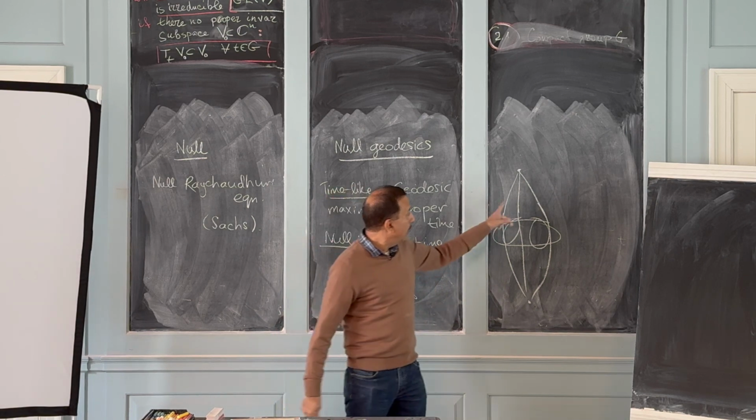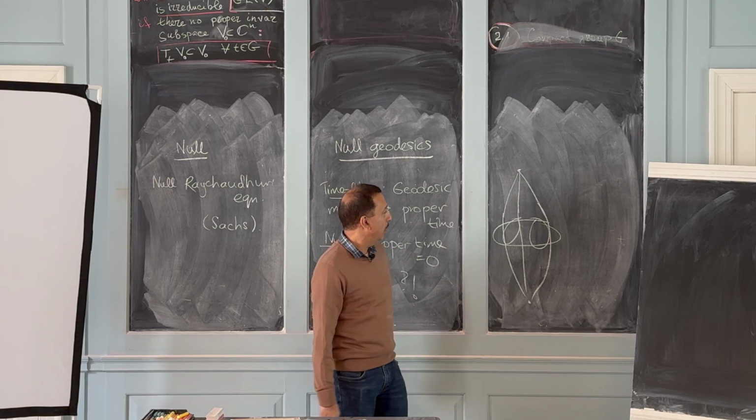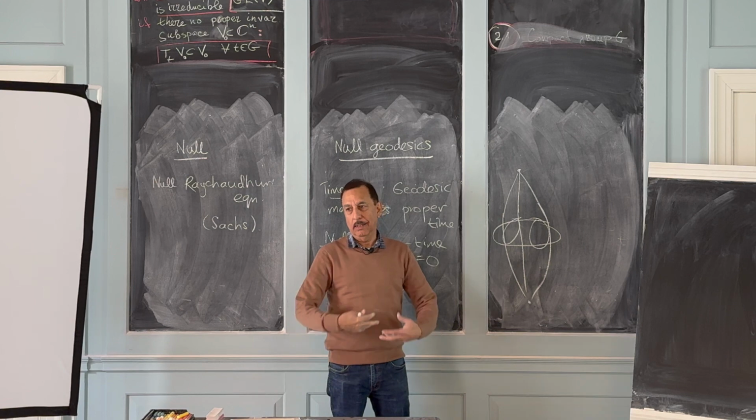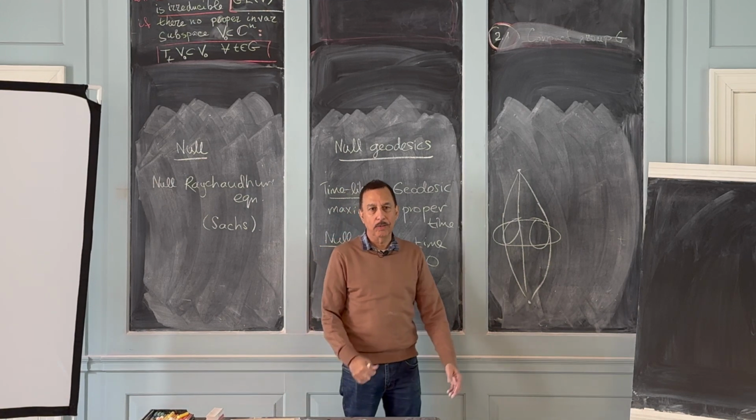But they're all null geodesics. They're not under the influence of any acceleration other than that due to gravity, and we all know that in gravity, space-time is curved and everything follows a geodesic, and light in particular follows a null geodesic.